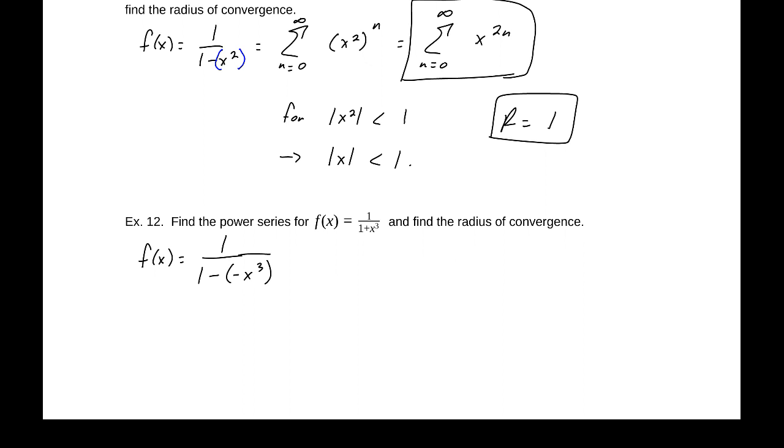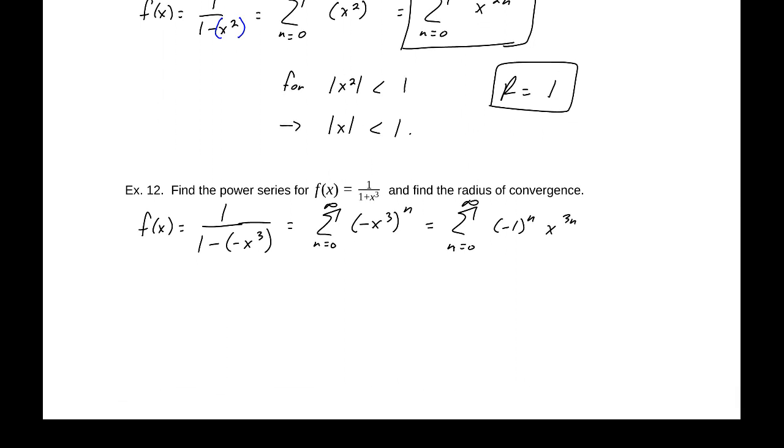And this is a geometric sum from n equals 0 to infinity of negative x cubed to the n, which I'm going to write as negative 1 to the n, x to the 3n.